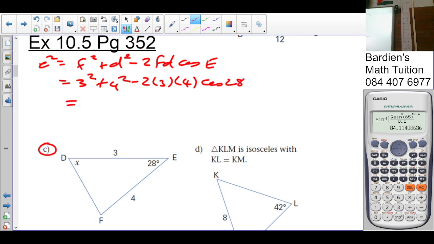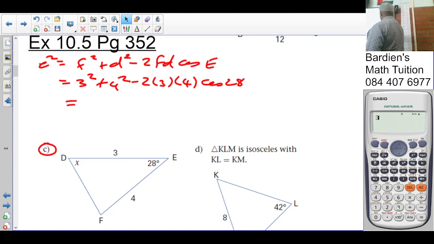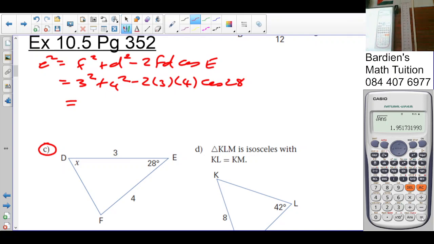So what did you get? D squared is equal to 3,81, the square root thereof is 1,95. Right, carry on.